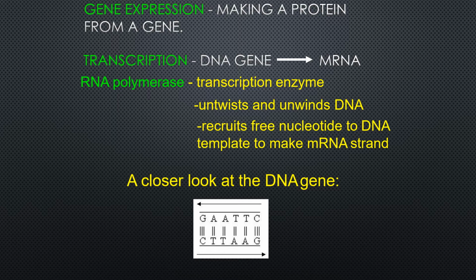So similar functions. The RNA polymerase is going to untwist and unwind the DNA. It's going to recruit the free nucleotides to the DNA and basically make an mRNA strand based on the DNA template. Okay, so let's take a closer look at the DNA gene itself.